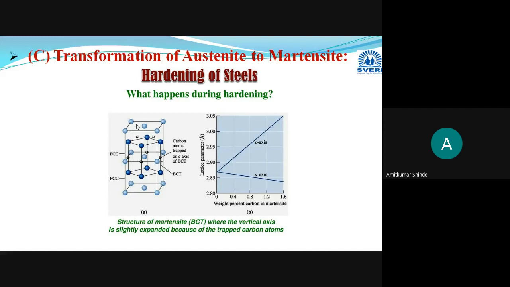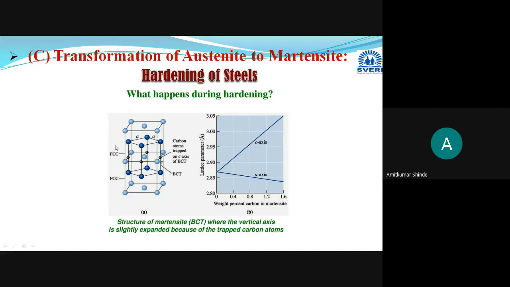While forming this solid solution, the carbon exceeds its solubility limit, which means it forms a supersaturated solid solution with the alpha iron, and due to this, what will happen?